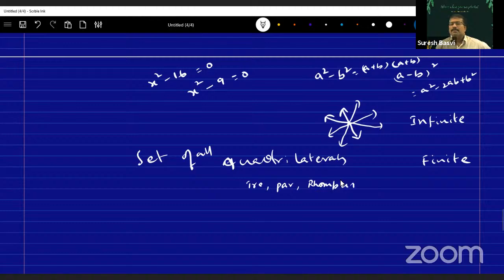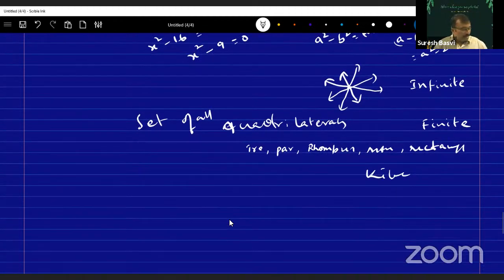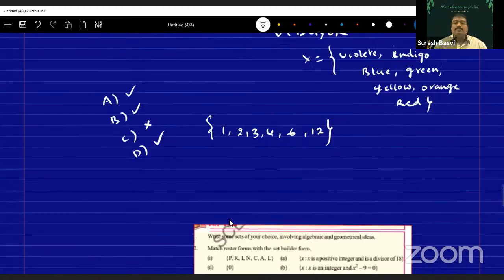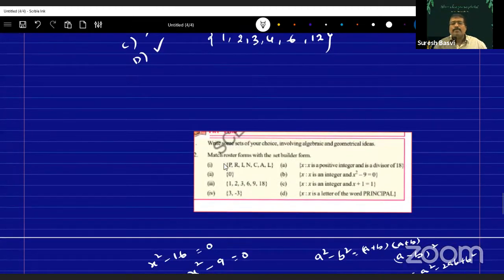Next, the square, and not least the rectangle, and also the kite. Maunishwar Naik, sixth, sir. Okay, right, very good. So like this. Next, match roster forms with the set builder form.